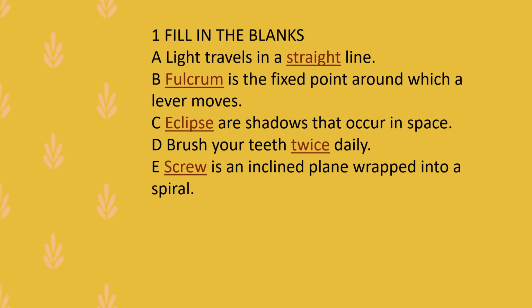An inclined plane is a sloping surface in which one end is higher than the other, and a screw is an inclined plane wrapped into a spiral. Screws can be seen in lids of bottles, revolving chairs, studs, etc.